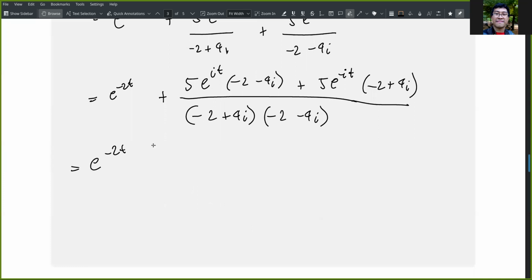Simplifying, here 5 times minus 2, that's 10. Actually, we can factor out negative 10. So minus 10, and here you have 5e^(it) times 2.